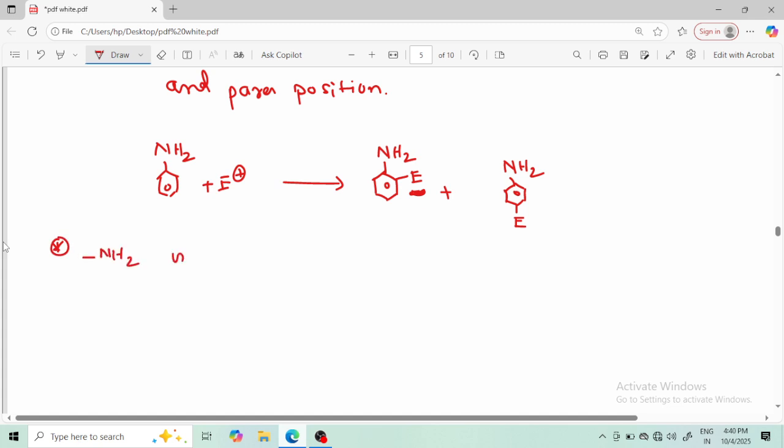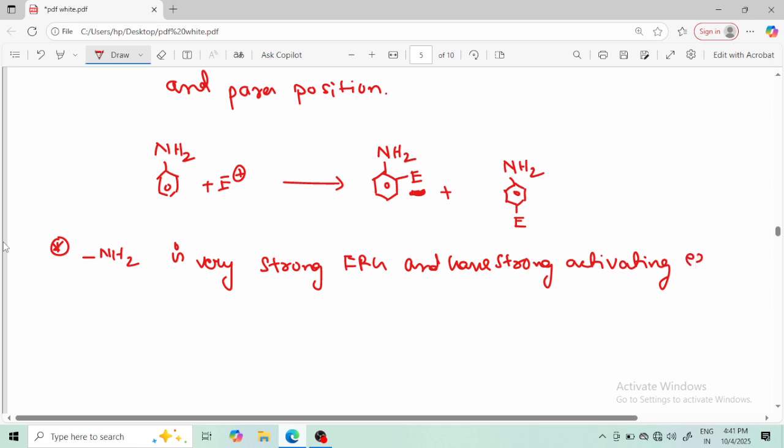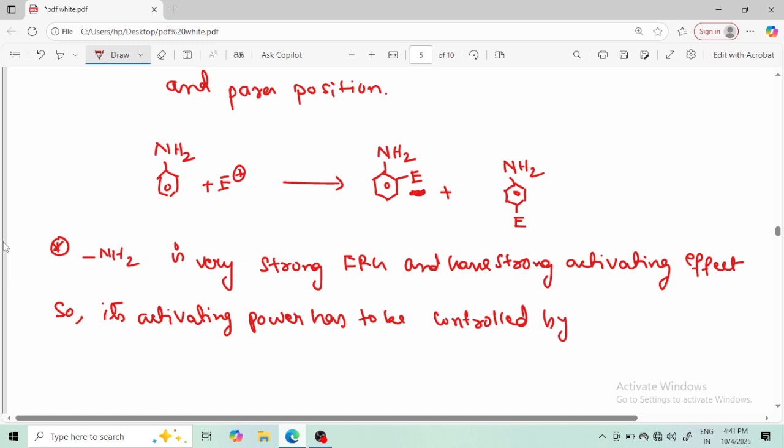NH2 is a very strong ERG and has a very strong activating effect, so its activating power has to be controlled by acetic anhydride.